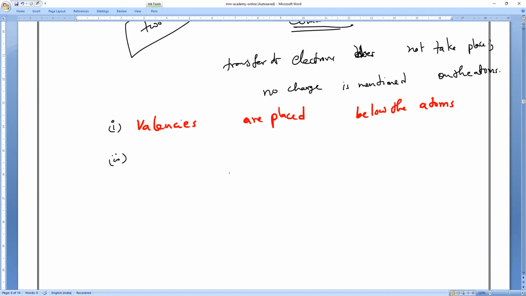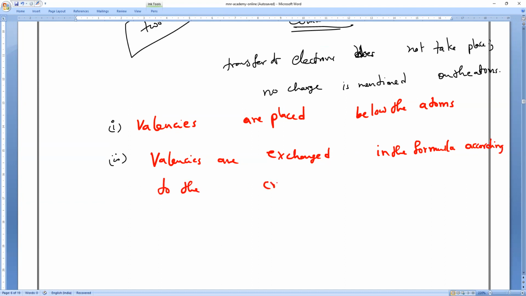Next, these valencies are exchanged in the formula, according to which method? Anybody?